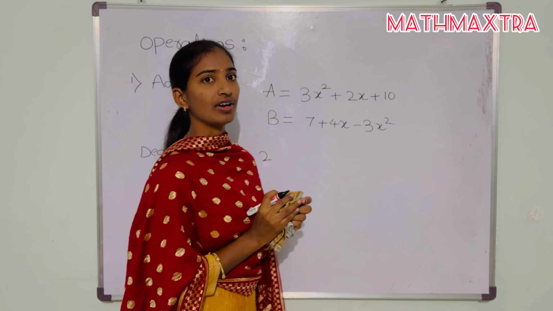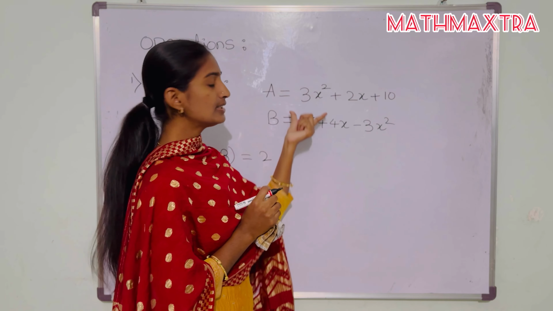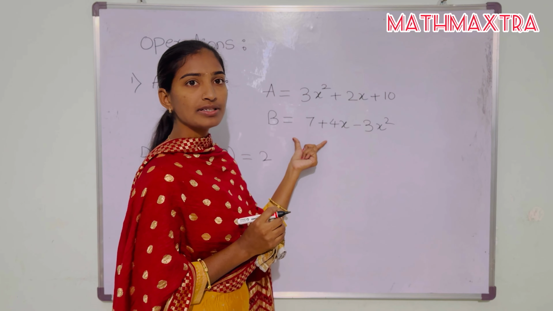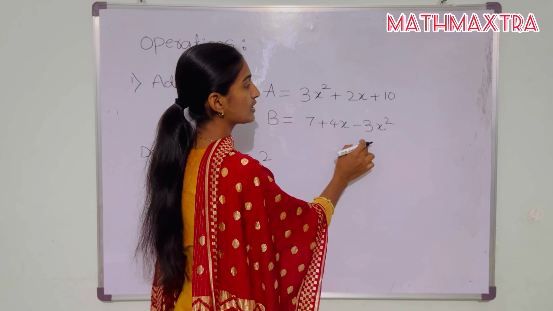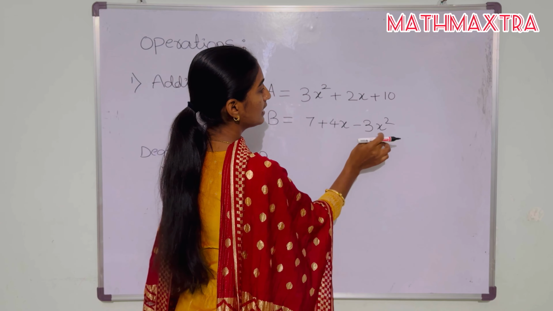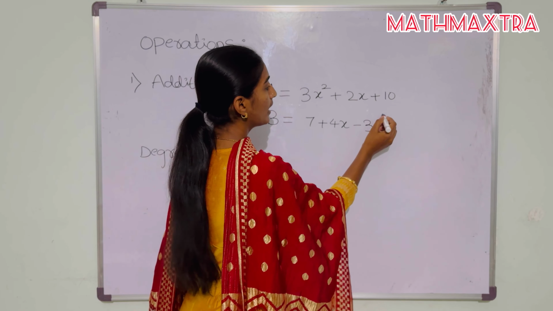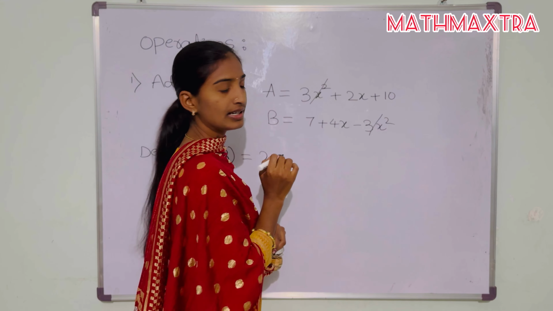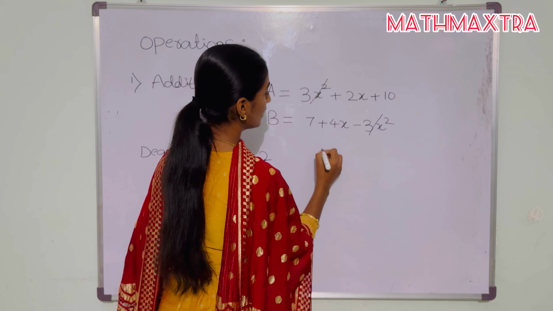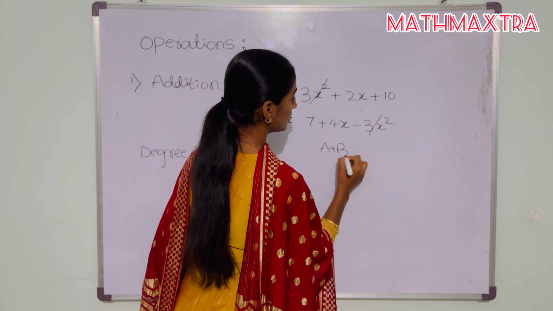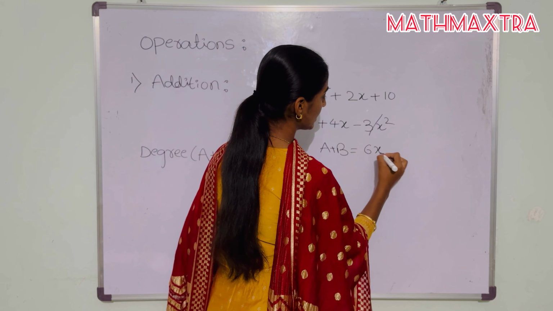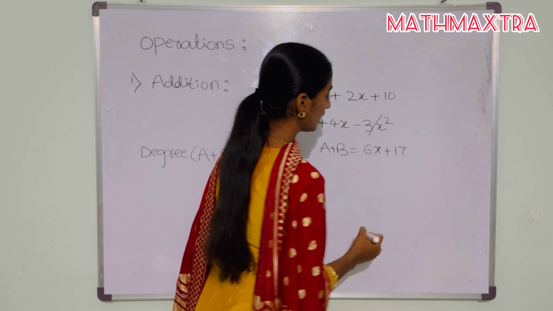If you take this as minus 3x square, now you add these two expressions. What happens? These two are like terms with different signs. So what happens? These two get cancelled. Then what will be the A plus B expression, which is simply 6x plus 17.